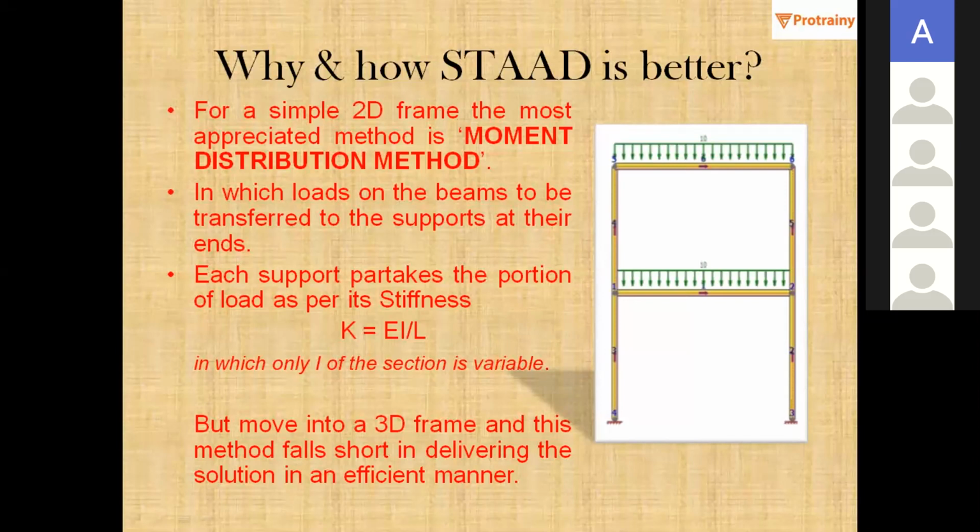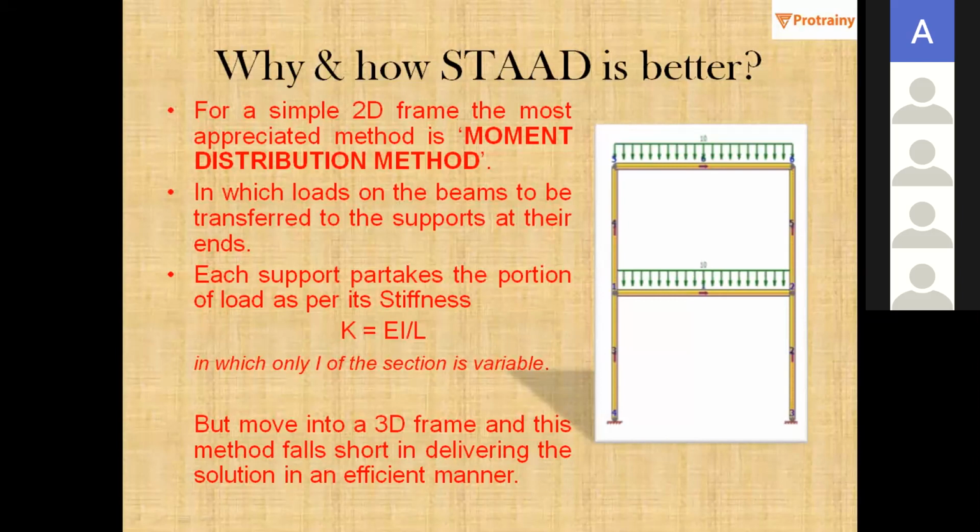What we do in this moment distribution method is that loads on the beams are transferred to the supports at their ends. First of all, this UDL is transferred to the columns, and from the columns to the bottom of the structure, to the foundation where the foundation is supposed to be. How much load any column is going to partake depends on its stiffness.